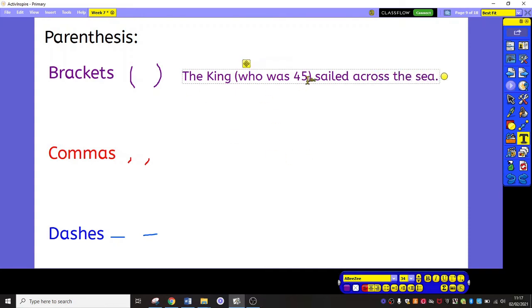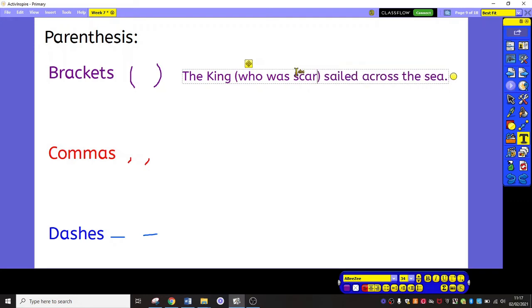So I don't need to know that he's 45, but I'm providing additional information that's less important than my actual sentence. And you always need to be careful in parentheses that this information links. So who was 45? Does his age tell me about why he's going across the sea?